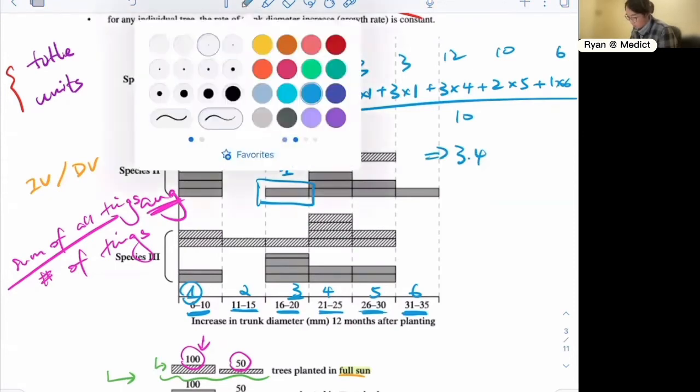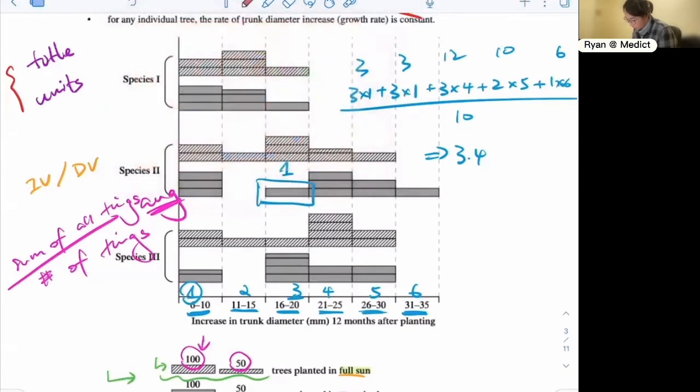Then we just need to do another set of calculations for species 3 in full sun. So what we have is the same principle, right? We have two rectangles. They assign the value 1, plus 1 times 2, plus 1 times 3, plus 4 times 4, right? And then run out of space again.